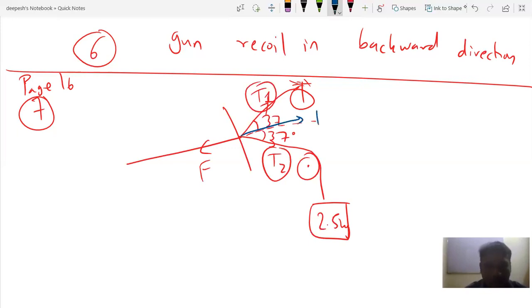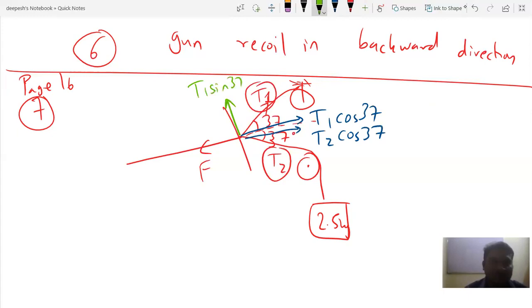The component of T1 along 37 will be T1 cos 37 and the component of T2 along 37 will be T2 cos 37. Also, the vertical components will be T1 sin 37 and T2 sin 37. So let us do the force balance now.